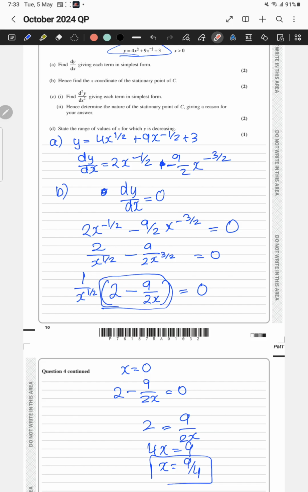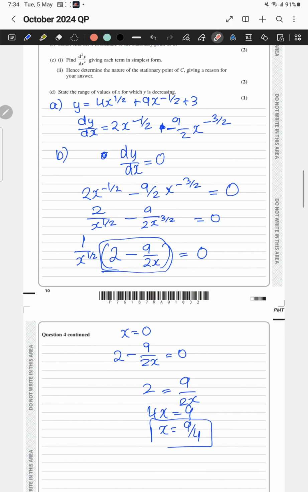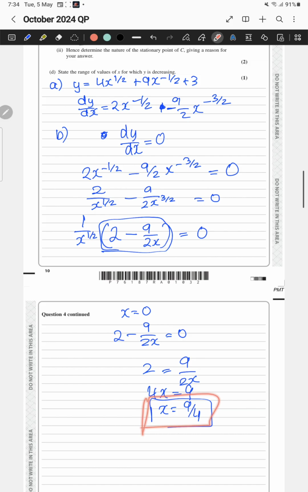Because when you multiply by 2 you get 2 over x to the power of half, and whenever you multiply this by 9 over 2 x you get 3 over 2, because powers add, and here when I take a factor of a half, the power is minus. So when I write this in bracket form, I set this one equal to 0 and this one equal to 0. I get the other answer, and that's our answer.